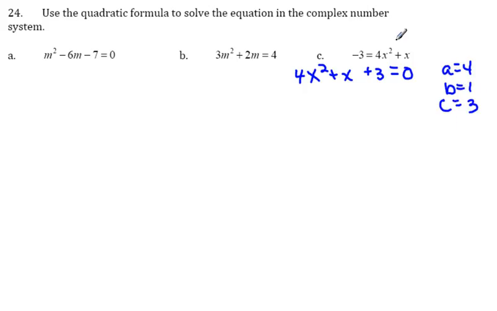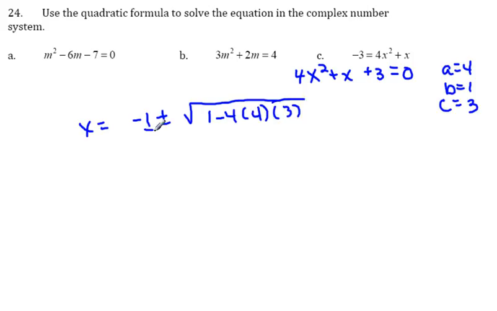So you notice I erased away my quadratic formula. Let's see if we can do it without that. That's going to give me x equals negative b, which is negative 1, plus or minus, do you remember what goes under here? It's b squared minus 4ac. b squared is 1 minus 4 times a is 4 times c is 3 all over 2a, which is 8.